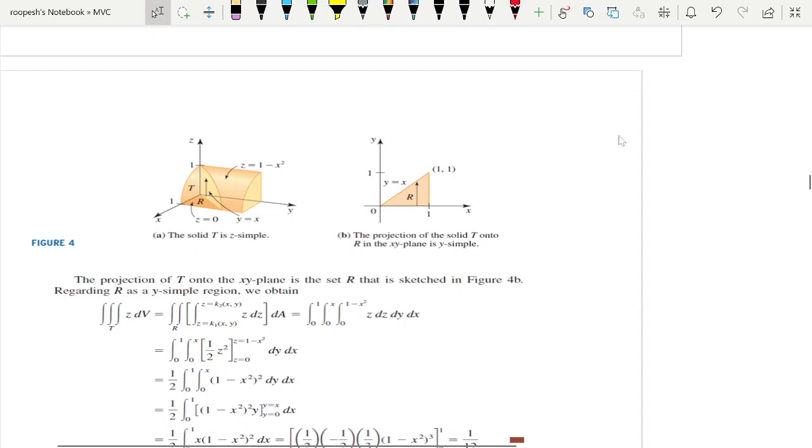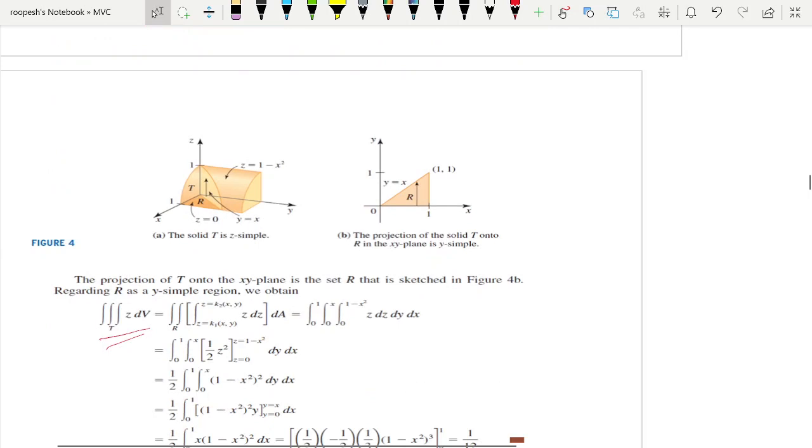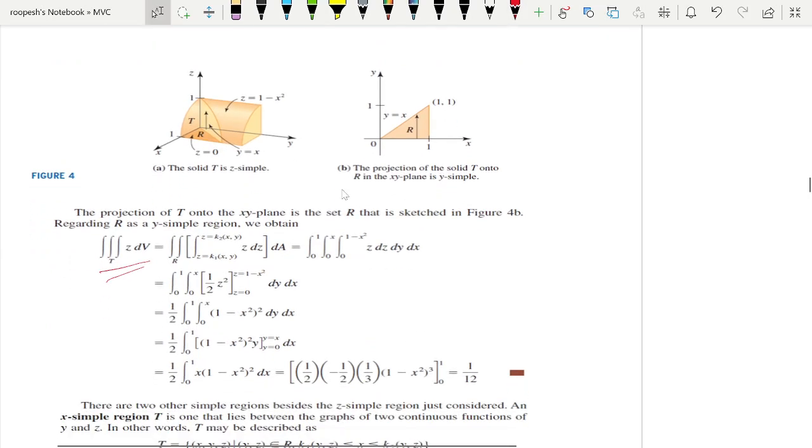What we have to do is find the triple integral over T of z dV, where the function given is z. That is equal to the double integral over R. First I am finding the limit for z. Z is ranging from where to where?